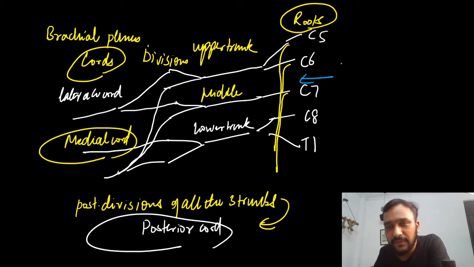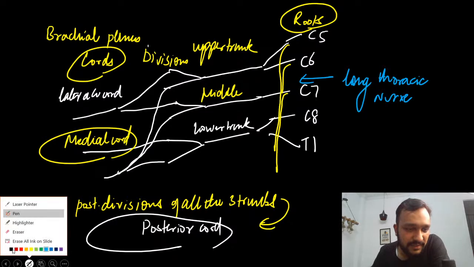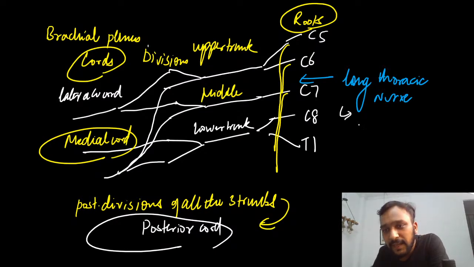This is your long thoracic nerve. Very good. And this long thoracic nerve is going to supply which muscle? It is going to supply your serratus anterior muscle.